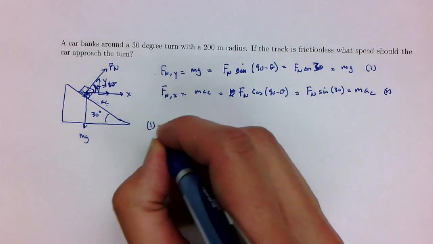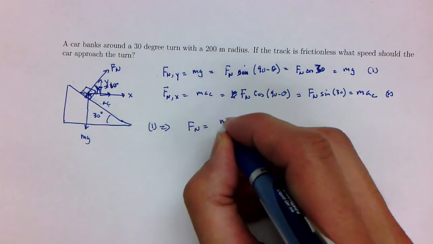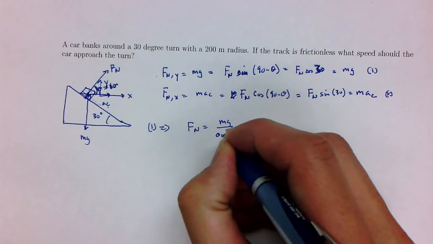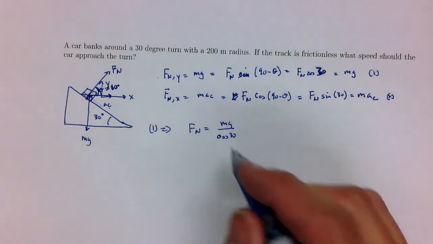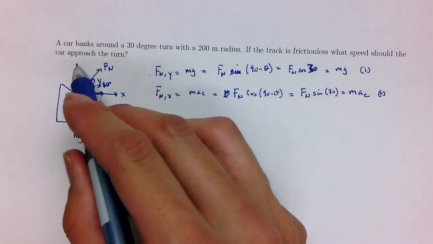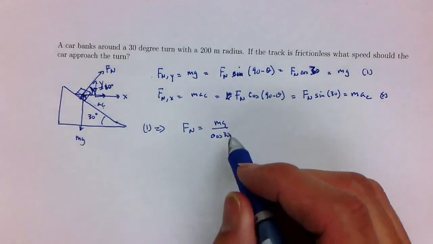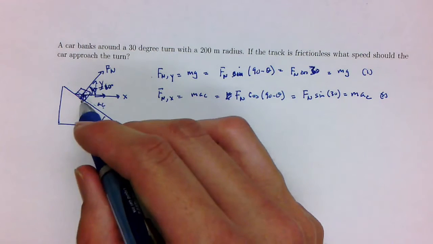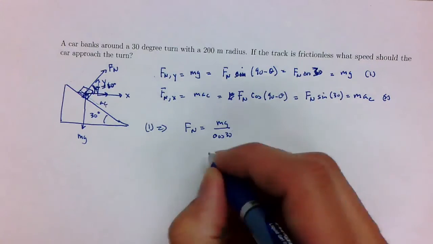So 1 implies that Fn is equal to mg over cosine of 30. Okay, so this is very nice because this normal force, the vertical component of it, which would be cosine of 30 of that, exactly balances the force of gravity, which is pulling this object down. Okay, so let's take this, plug into 2.